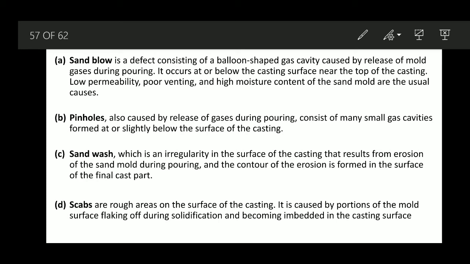What basically happens is that very hot molten metal is poured on the sand mold, generally made of green sand, which has some moisture in it. Because of the high temperature, some mold gases may be released. If sufficient air venting is not there, at the casting surface, or just below it, a balloon shaped gas cavity may remain. This is known as sand blow.